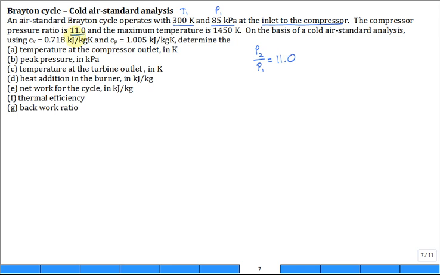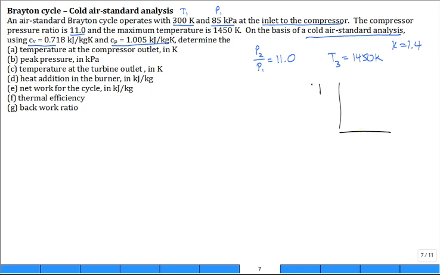And the maximum temperature is 1450 Kelvin, so that's T3, isn't it? 1450 Kelvin. On the basis of a cold air standard analysis using this value of C sub V, this value of C sub P, and if you do the ratio, you find that k is close enough to 1.4, 1.399 something. You know, it's 1.4. We'll just use 1.4. Determine all of these things. So one thing to do is to go ahead and make that sketch.